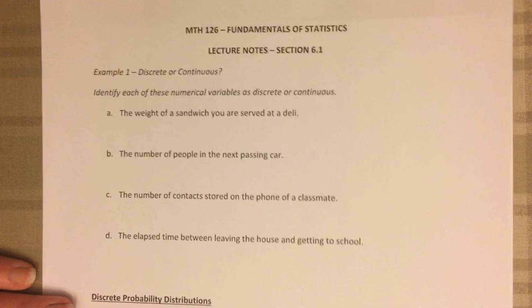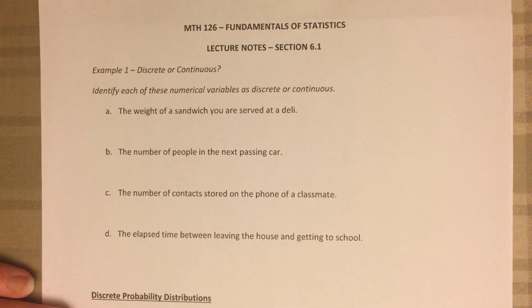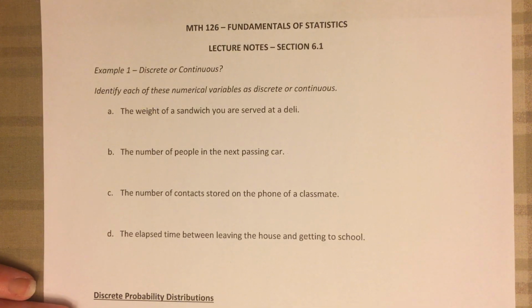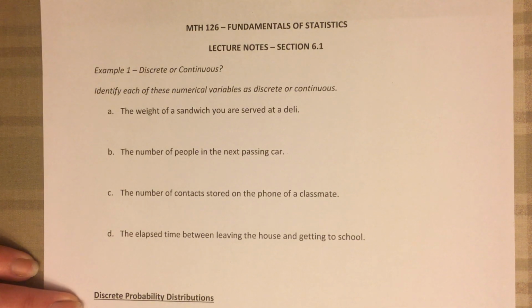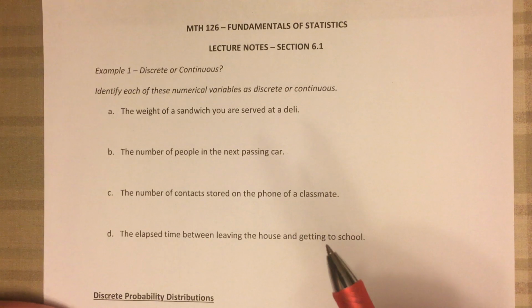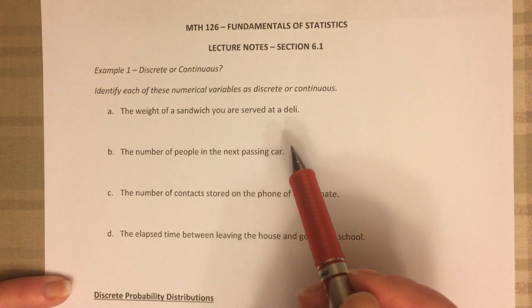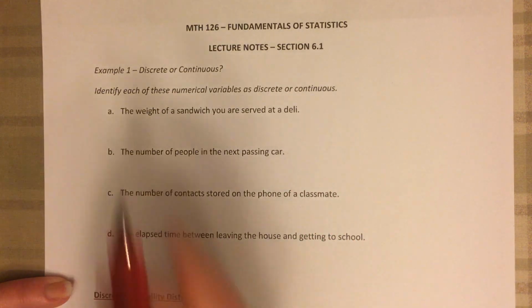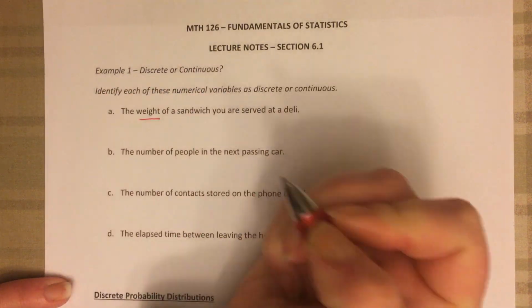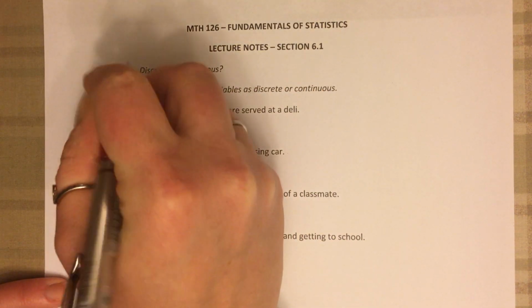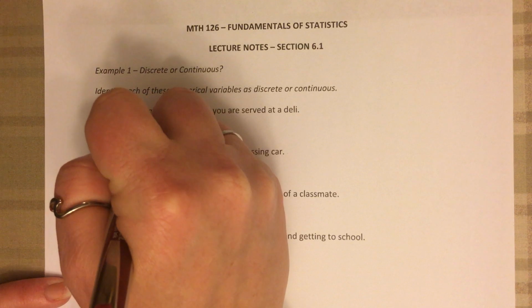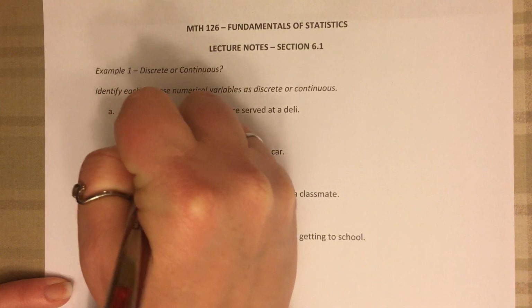In our first example for this section, we're going to simply decide if a list of different types of variables are discrete or continuous. Identify each of these numerical variables as discrete or continuous. A: the weight of a sandwich you are served at a deli. Since weight is something that is measured, this is going to be an example that is continuous.